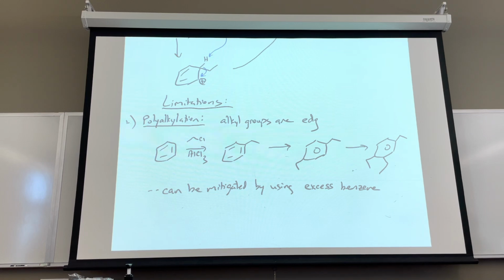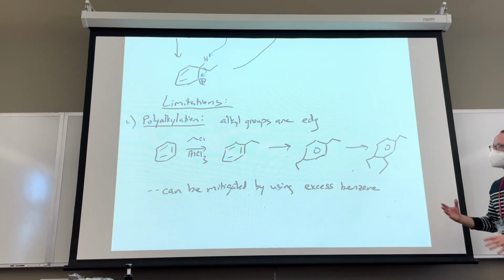So you can get around this a little bit by playing around with the amounts that you use, which would be fine if you were just using benzene. I mean, you can buy a jug of benzene for cheap. It doesn't matter if you have to use a bunch of excess.